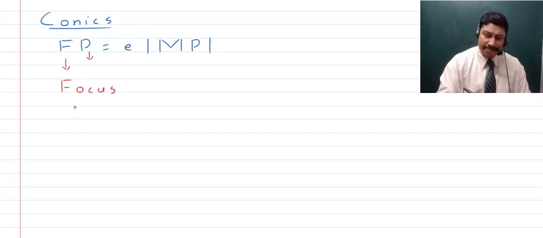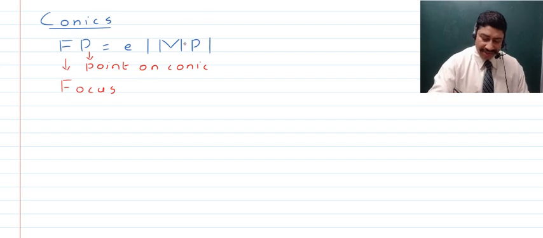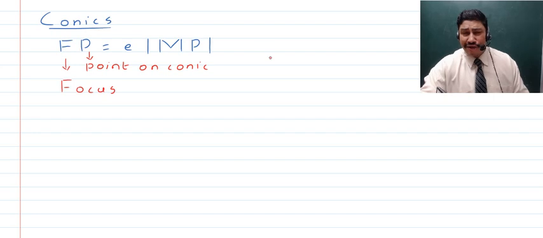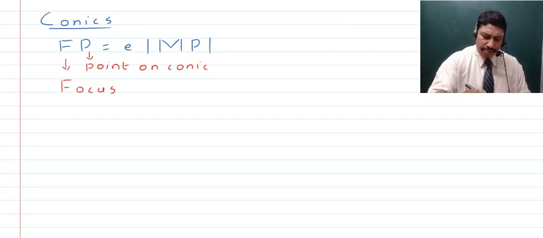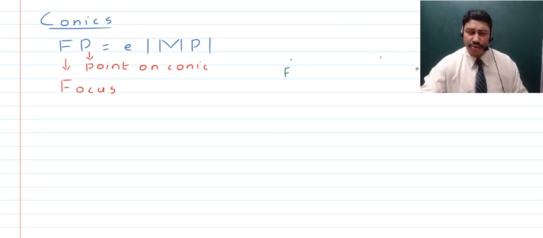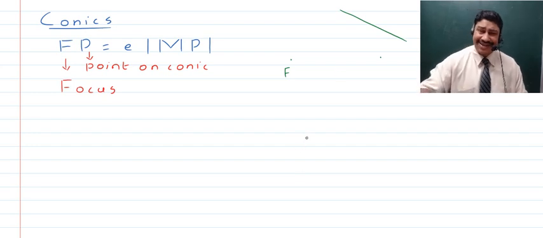Now, P is a point on the conic, right? And if we talk about this MP, this is actually the perpendicular drawn from the point on the conic to the directrix, right? So let's think about a point here. So we can talk about a point, let's say this be F, right? And say this be another point which is on the conic, and let's say here we have another line, right, which is the directrix.